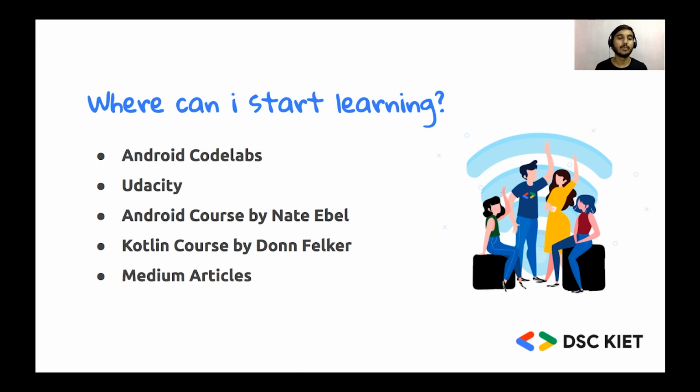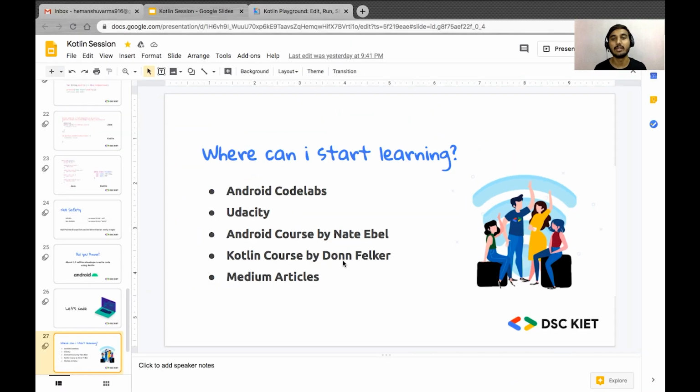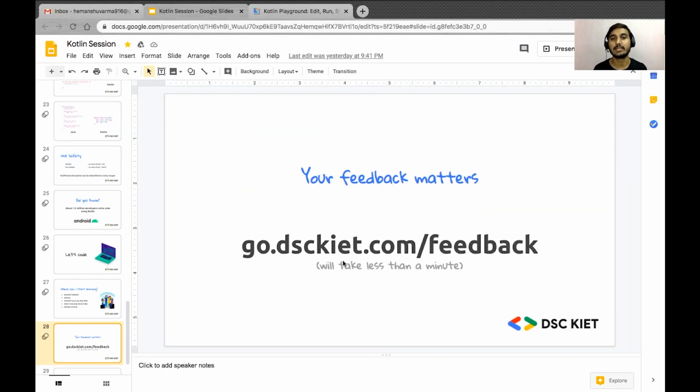And if you wish to start with Kotlin first, then you can prefer the course from Donn Felker. And if you wish to learn from articles, then you can prefer Medium. We have a huge community there, and you can easily find articles there.